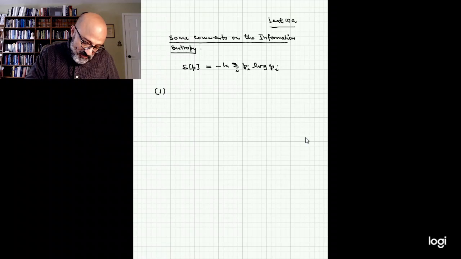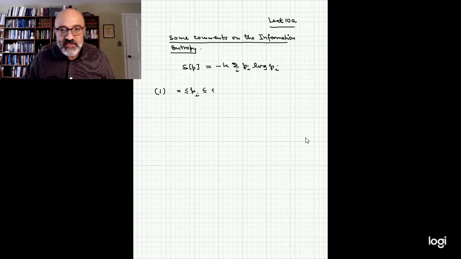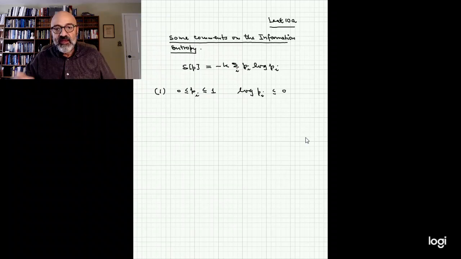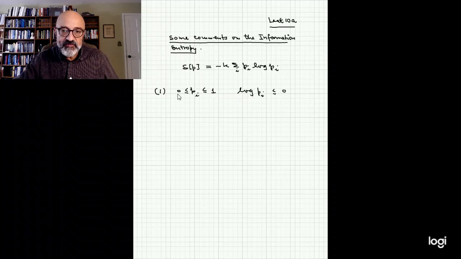Since P is always between 0 and 1, we're talking about discrete probabilities here, then the log of P tends to be negative. It is equal to 0 when P achieves 1, and when P is 0, it becomes minus infinity.